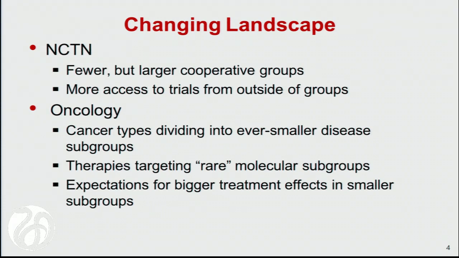In oncology, we're going the opposite direction: we're dividing our cancer types into finer and finer subgroups, and we're developing therapies that are targeting these very rare molecularly defined subgroups. We do, however, have expectations for bigger treatment effects in those smaller subgroups. And so how do we deal with this new paradigm statistically?